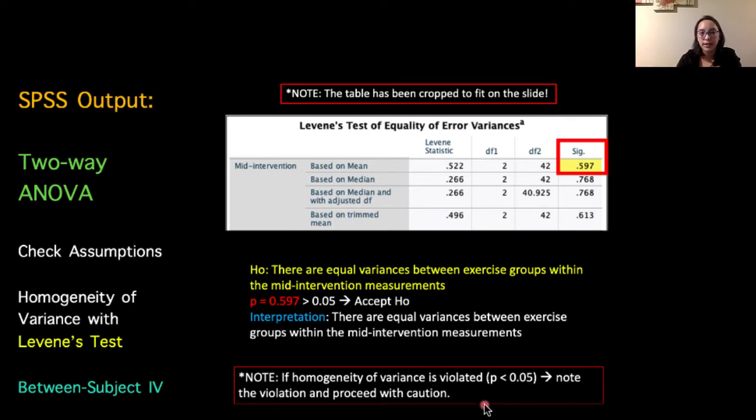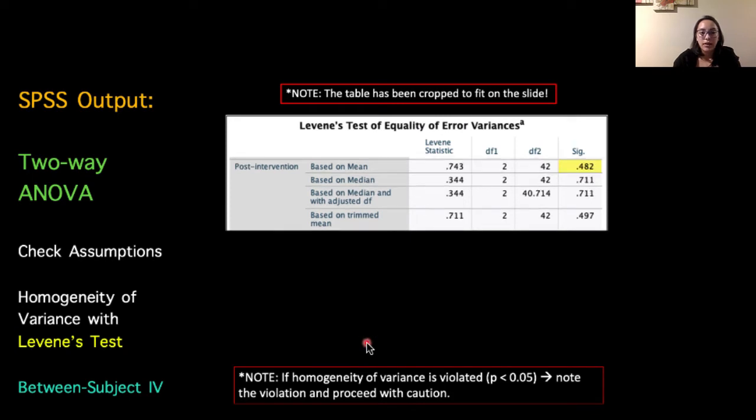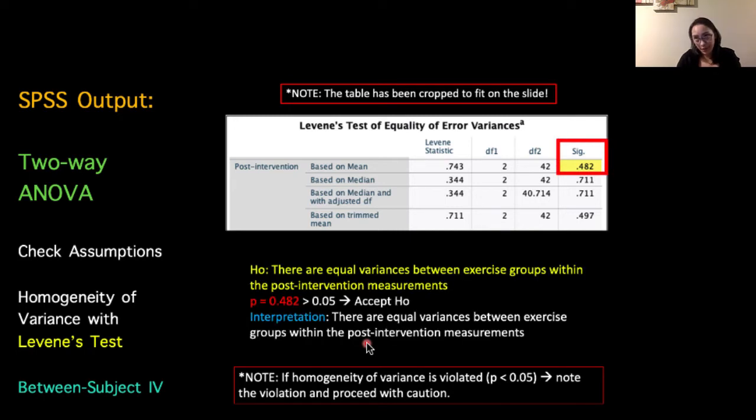So again, we accept our null hypothesis and say that we have equal variances between exercise groups within the mid-intervention measurements. And then our last one for the post-intervention, we had a p-value of 0.482, also greater than 0.05. So the interpretation for this p-value specifically is that there are equal variances between exercise groups within the post-intervention measurements.